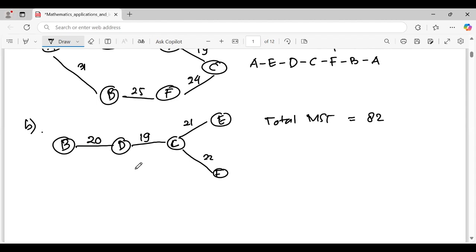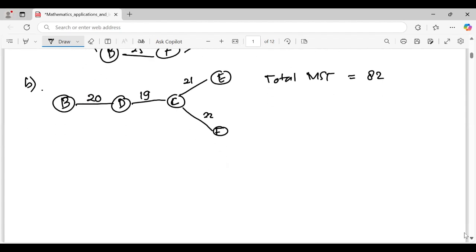Next, to reconnect A to the MST, or minimum spanning tree, we check the shortest distance from A to any of the towns in the minimum spanning tree.